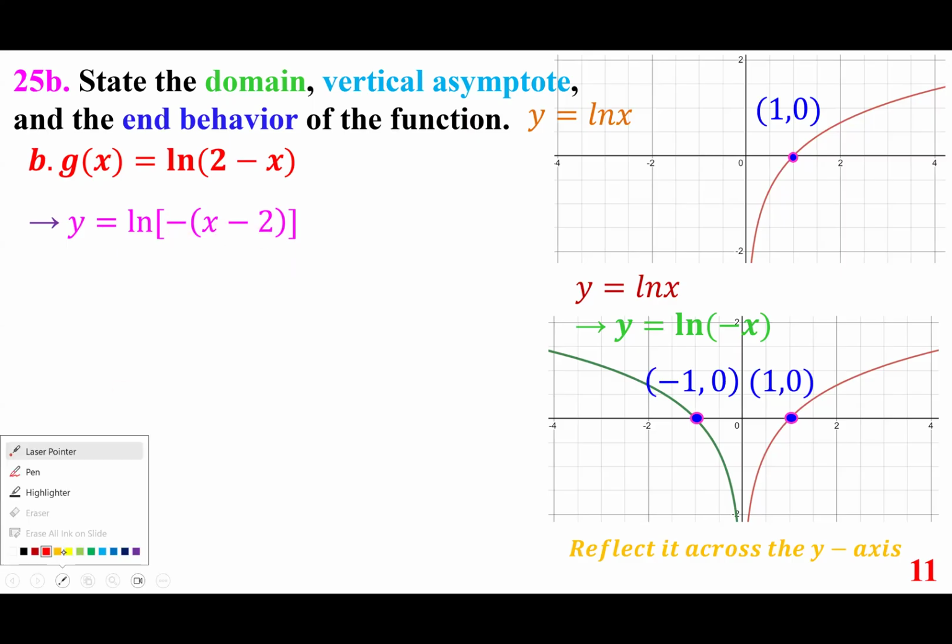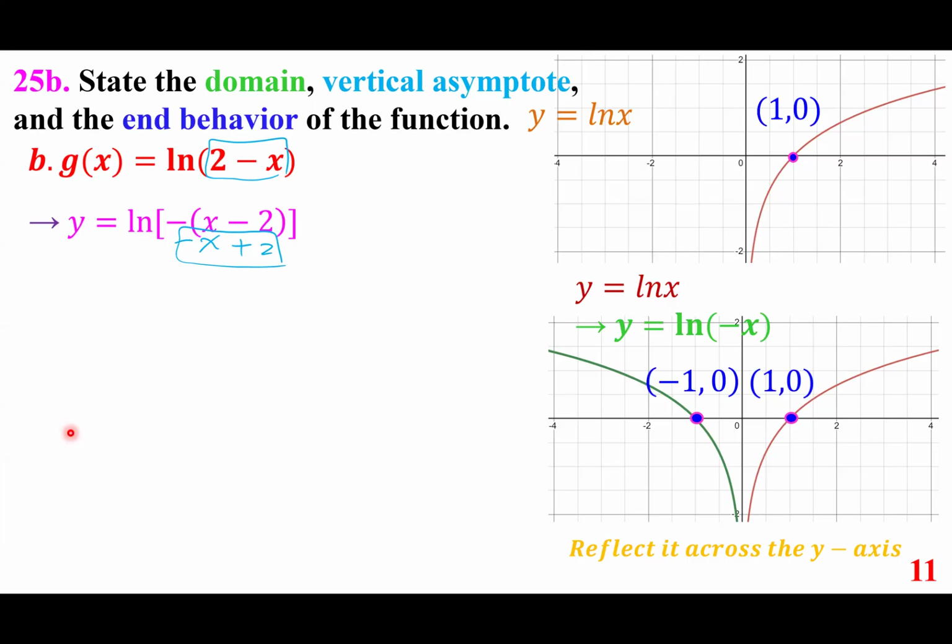So please understand. If I distribute, I get minus x plus 2, which is identical to this one. But this will explain the concept of negative and then positive 2 here, which becomes negative. That means it shifts to the right by 2 units. So shifts right by 2 units.